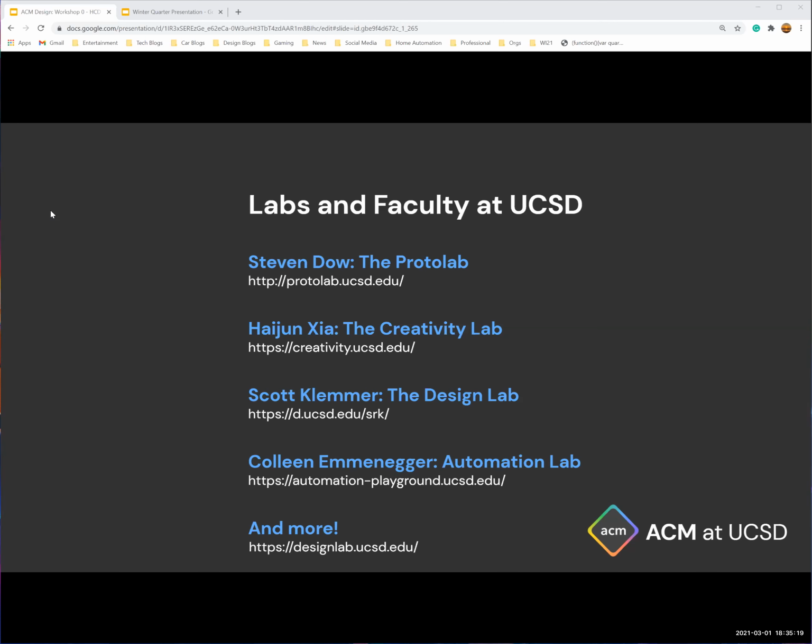Another interesting faculty member we have is a more recent faculty member coming from the University of Toronto, Haijun Jia. He has done work with Microsoft Research and is exploring the future of productivity tools. He has since gone on to start the Creativity Lab, which will be operating out of the Design and Innovation Building, hopefully, when that is eventually completed.